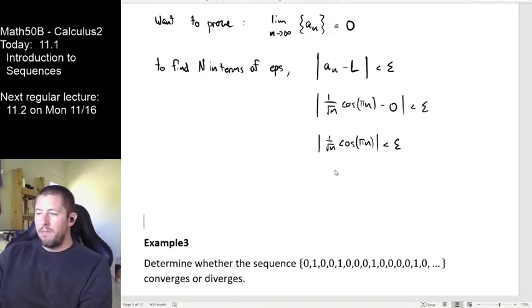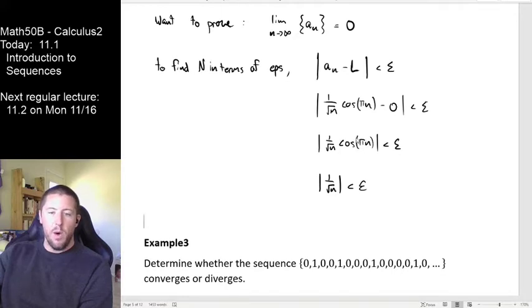So I really just need to guarantee then that 1 over root n is less than epsilon, because that's going to provide for me, even in my worst case scenario where cosine of pi n takes on the value of 1, then that's just equivalent to this. In all other cases, if cosine of pi n was anything other than positive 1, then this whole quantity would in fact be smaller. So I'm guaranteeing that even my most extreme case is going to leave me still less than epsilon. This is the biggest value.